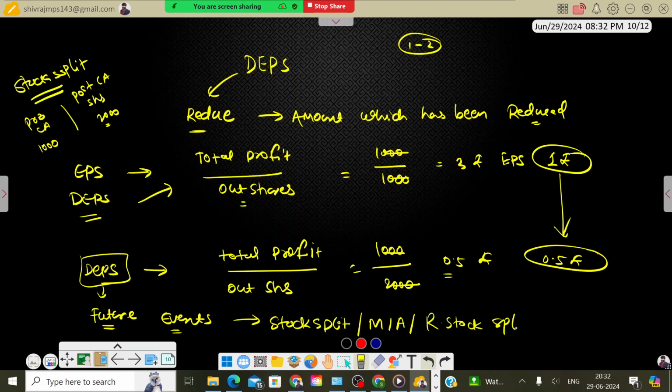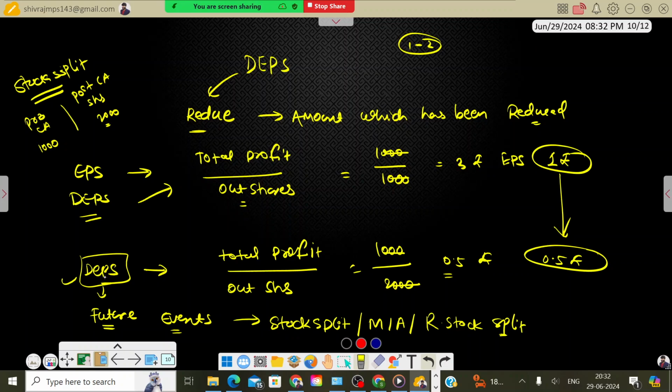See, there is one more term, anti-dilution, anti-dilution of earning per share. I'll decode that as well, which is quite relevant to this DPS discussion. Anti means it will reverse it out.